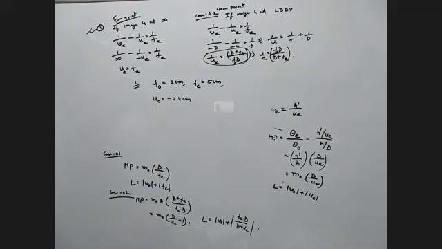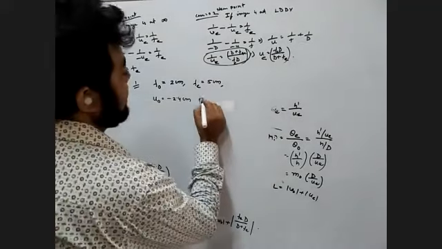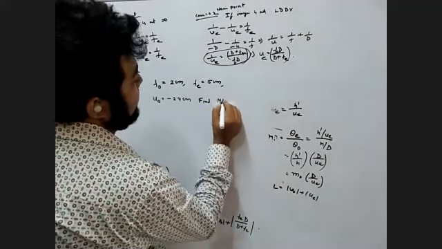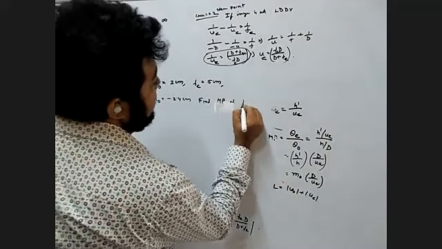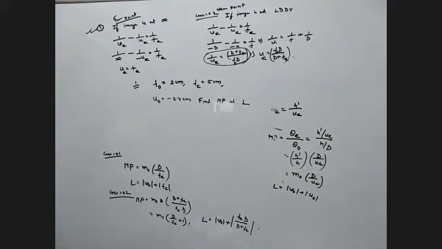If an object is placed at a distance of 2.4 centimeters in front of the objective lens, u naught is minus 2.4 centimeter, find the magnifying power of the instrument and the length of the tube.